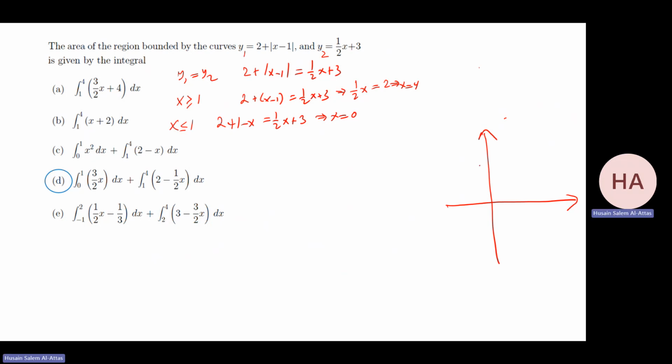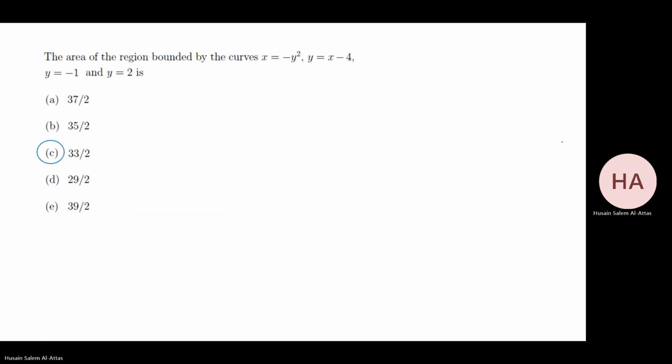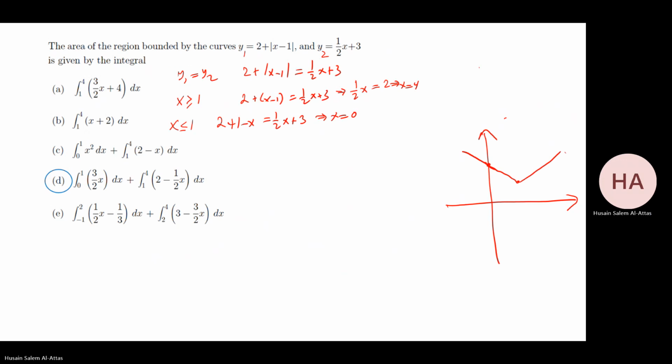So I have a line here up to 3 and from 1. Actually not the parabola, I mean this line and the other line. The other line will do something like this. So this is 0 and this is 4. So I'm talking about this area.